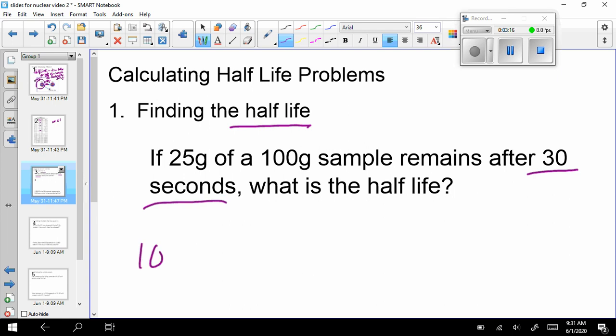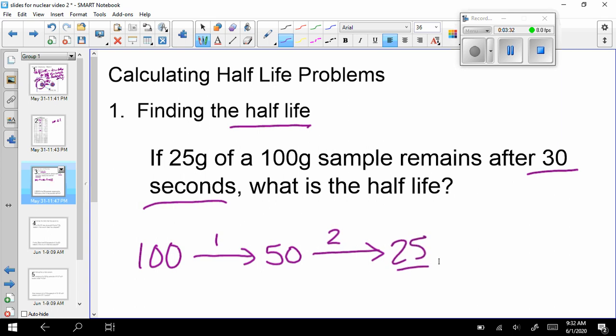So I start with 100 grams. After one half-life, I would have half of that. So half of 100 is 50. That's not 25 yet, so I got to keep going. After 2 half-lives, I would have 25. Awesome. So I know that I have undergone 2 half-lives in 30 seconds.